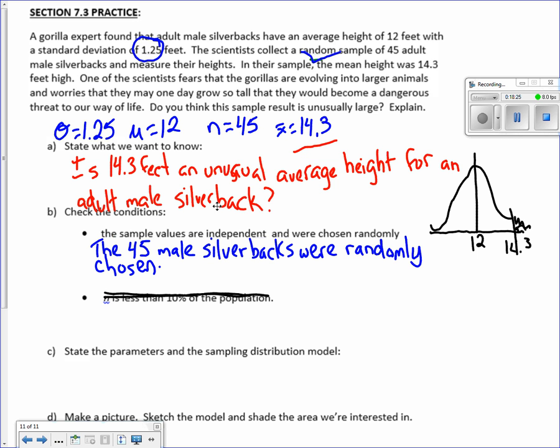So is n greater than or equal to 30? Well, yeah, we have 45. So I'm going to write 45 is also at least 30. I could put it more in context, but I already did that in the first condition.